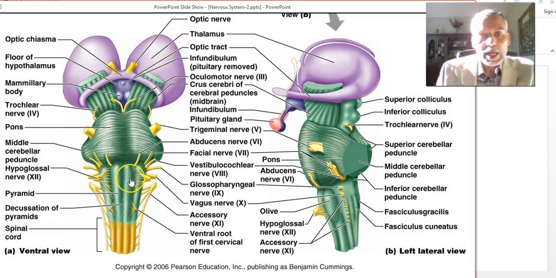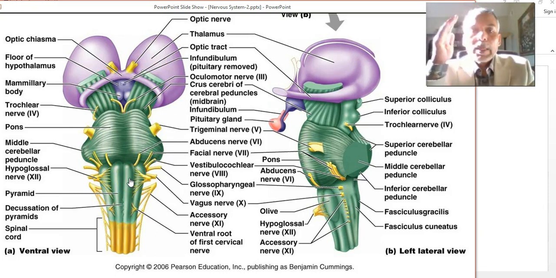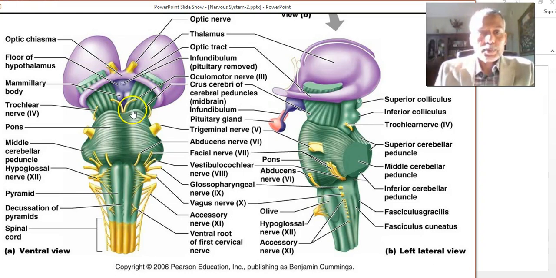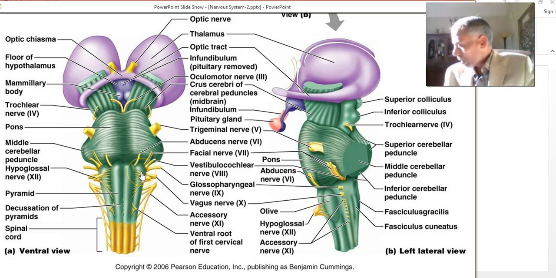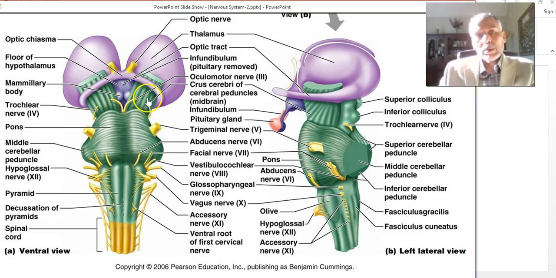Bringing information down means motor commands. Anything that has to do with movement is going to go down through the brainstem. And also, the pons, for example, connects the cerebellum with the rest of the brain.